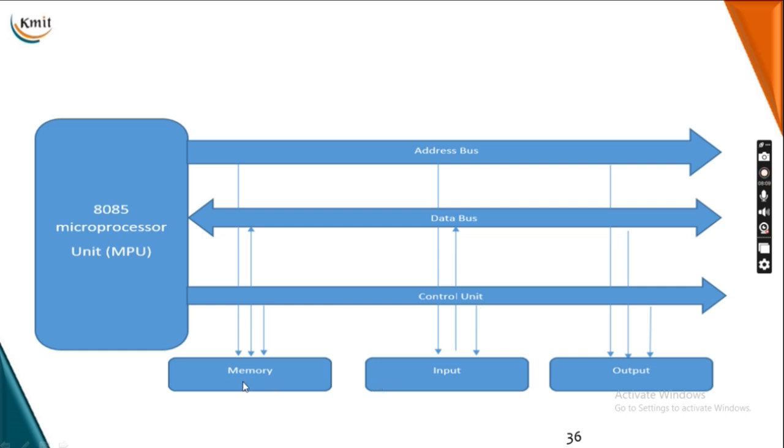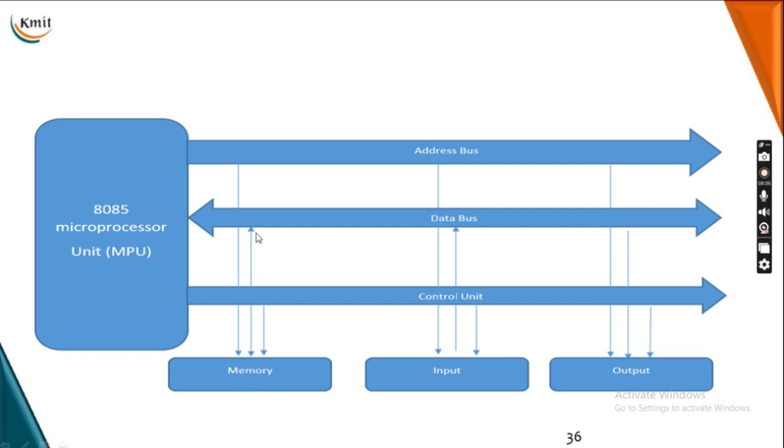Now 3 components we have, which are memory, input, output. So see here also we have some directions of the arrows being present. Address bus takes the address from the memory. Address bus asks for the address in the memory.